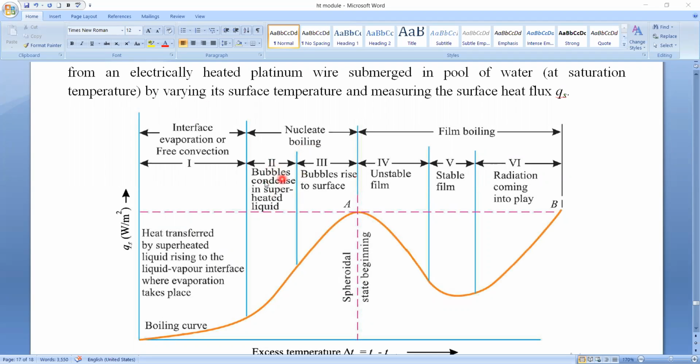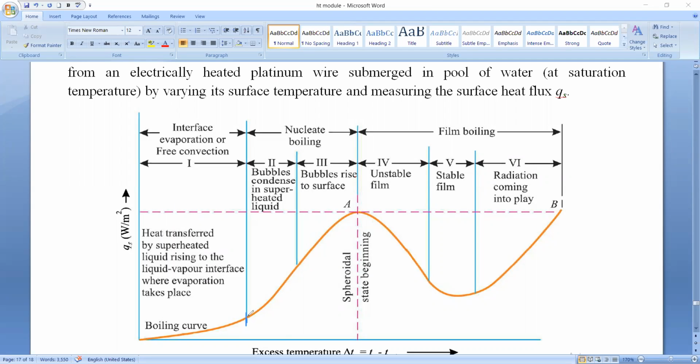In the second sub-regime, bubbles condense in the superheated liquid, and in the third, bubbles rise to the surface. If the temperature difference or the excess temperature is more than 5 degrees centigrade. Up till here it represents a temperature difference of approximately 5 degrees centigrade.